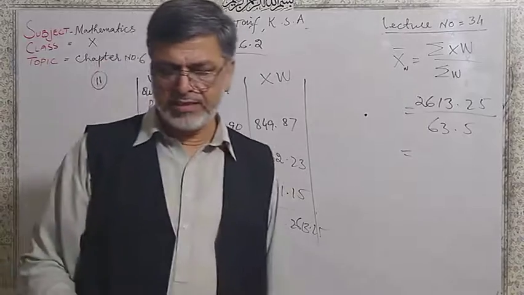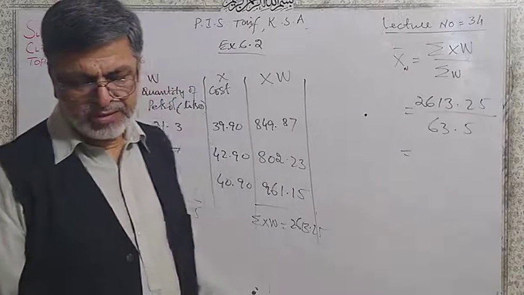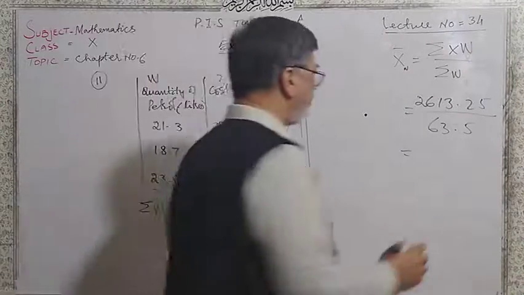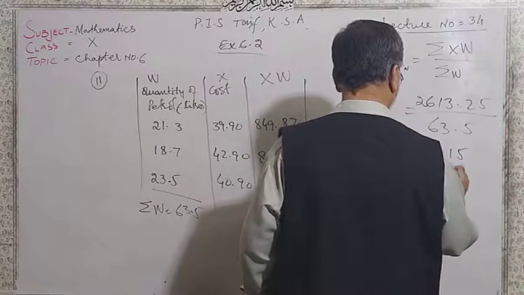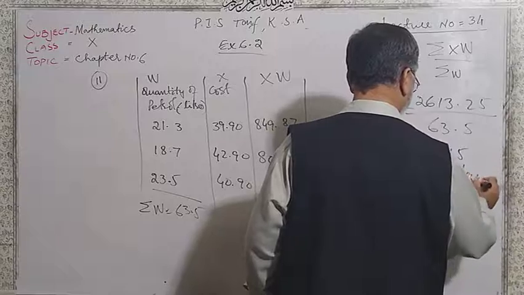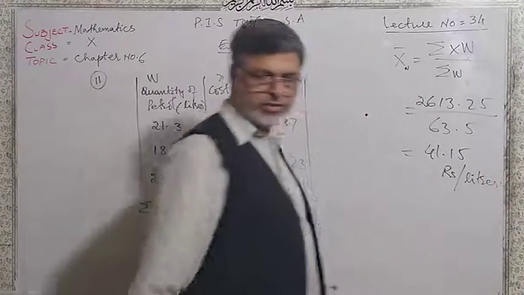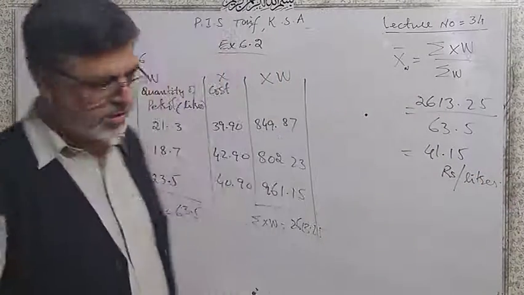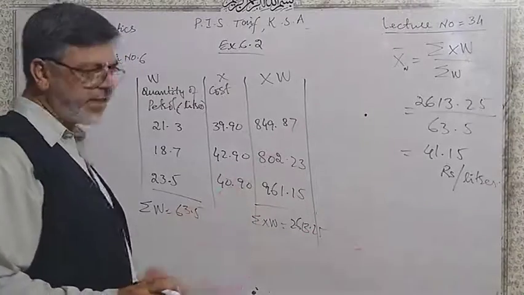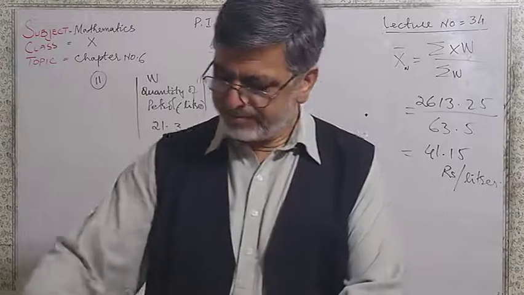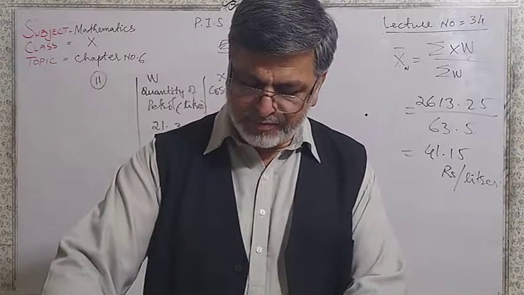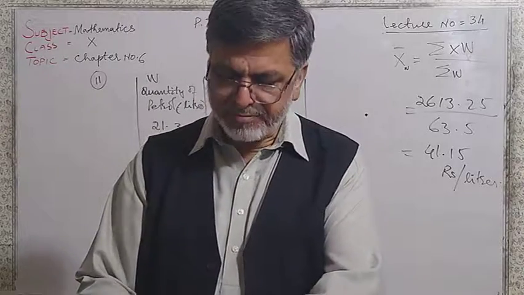Dear students, now you can have 41.15 rupees per liter. So this is your answer. That is weighted average. Here in case of weighted average we have found the answer.